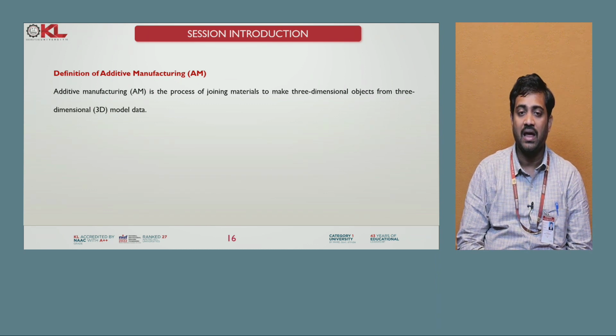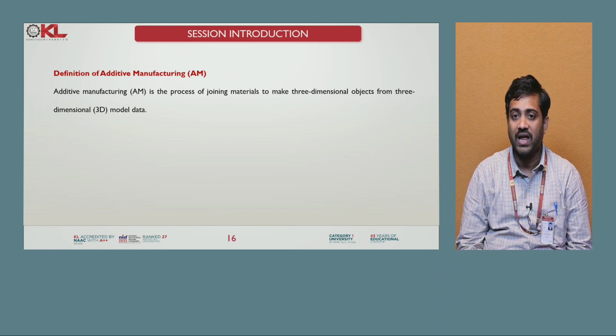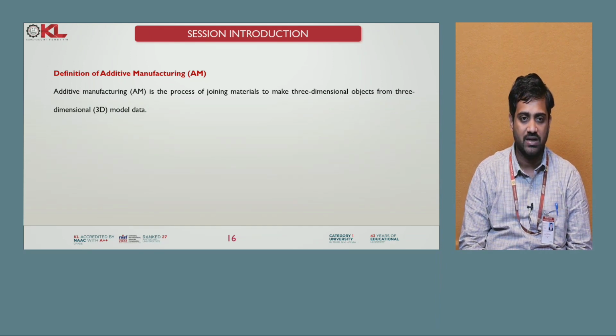We print layer by layer and get that 3D object, a live object that we can visualize. Whatever corrections are needed, we can make on the existing design after observing this 3D object or prototype. So simply, additive manufacturing is a process of joining materials to make 3D objects from 3D model data.